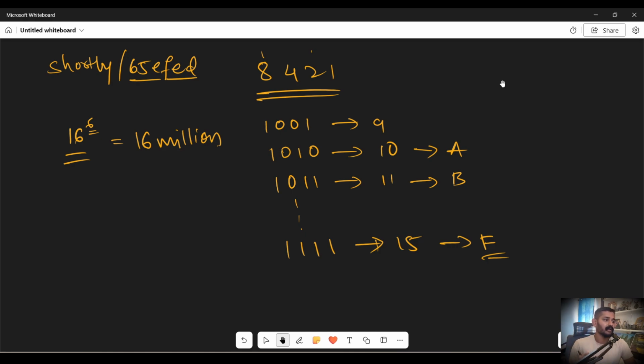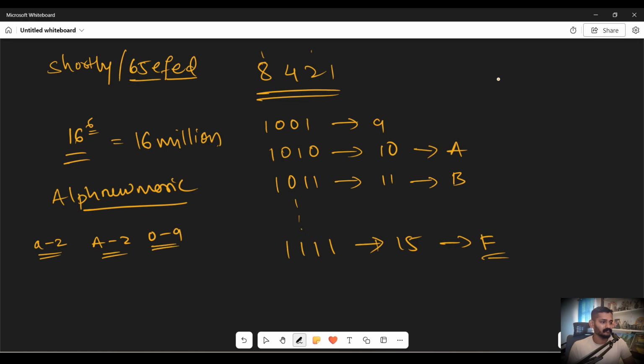But if you still need more than 16 million, then don't go for the hexadecimal. Then you can go for alphanumeric. So alphanumeric, what happens here? It uses A to Z small letters, A to Z capital letters, and 0 to 9.